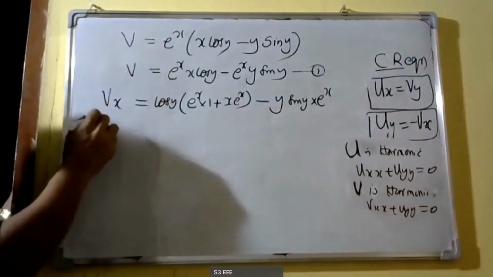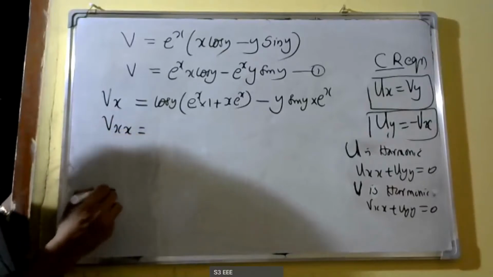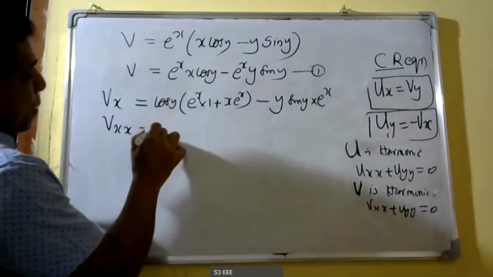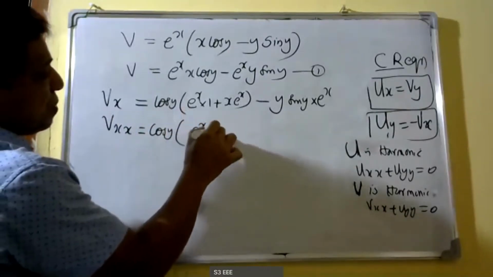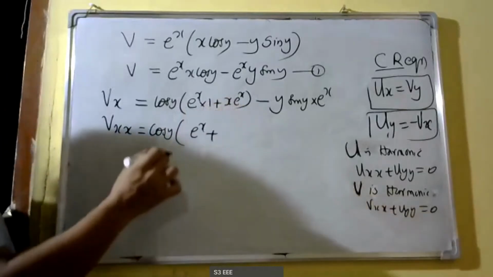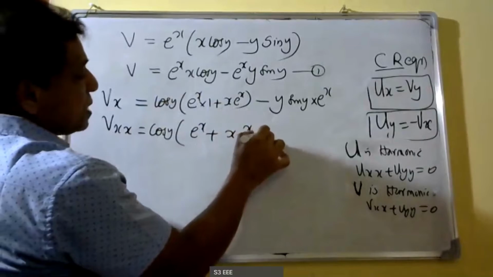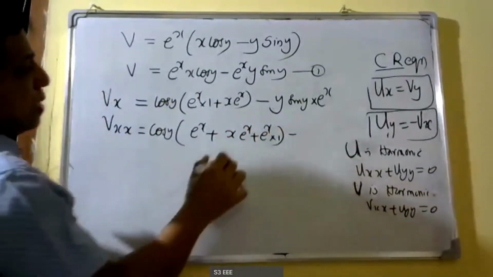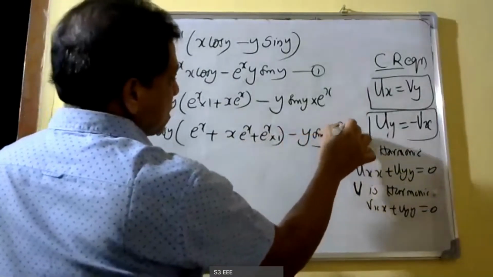Then again we differentiate it with respect to x. Vxx. Here cos y is constant. E raised to x itself plus x into e raised to x. Again we apply the product rule: x into e raised to x plus e raised to x into 1, minus y sin y into e raised to x.